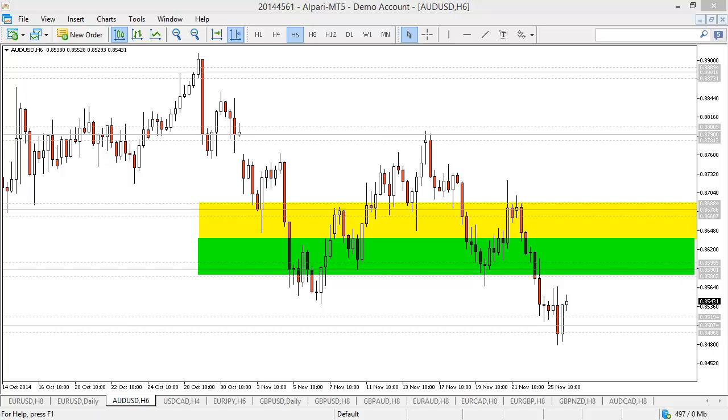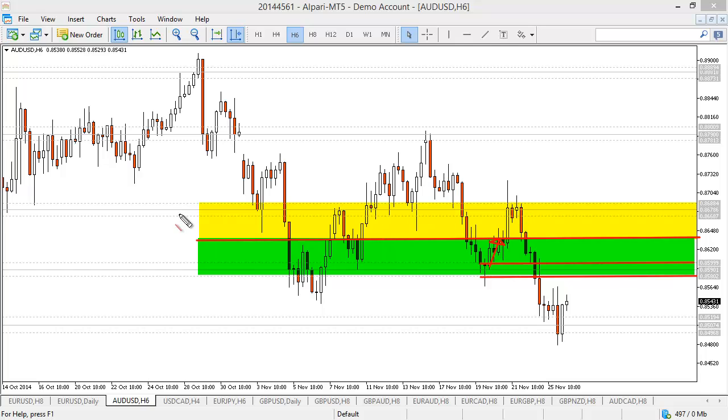All right, think about it like this, okay? I'm going to change this back to yellow before I talk, actually, because I prefer the yellow. My first target tends to be around about halfway, around about here-ish. And the reasoning for that is this is a support area, an area full of buyers. The further price moves away from the area full of buyers, the weaker the buyers get.